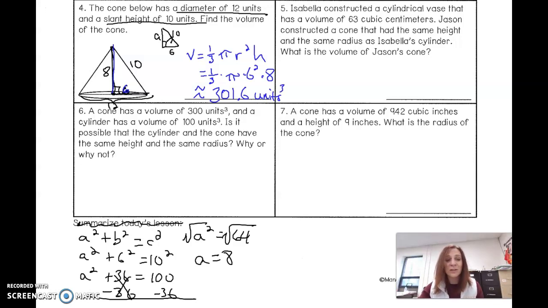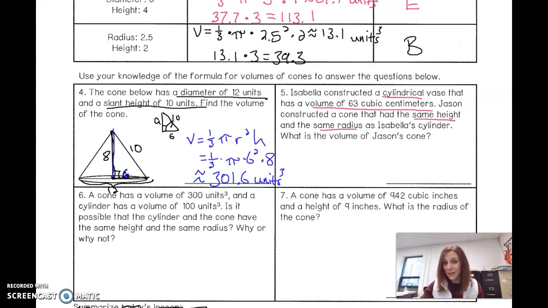All right, Isabel constructed a cylindrical vase that has a volume of 63 cubic centimeters. Jason constructed a cone that has the same height and the same radius. Do I need to go through all the work? Remember, all the way back here, what did we say?